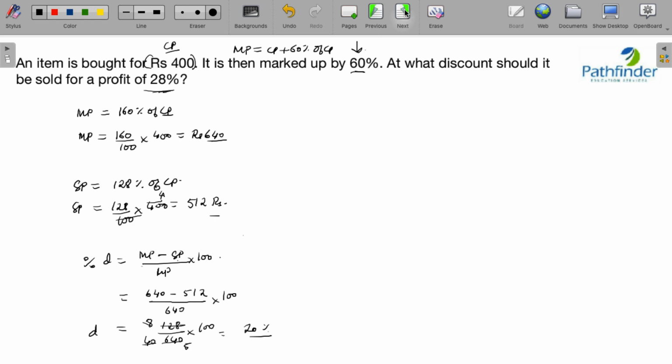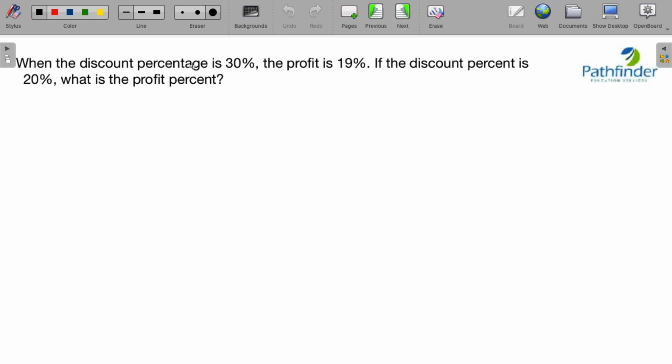Let us have a look at the next question. When the discount percentage is 30%, the profit is 19%. If the discount percentage is 20%, what is the profit percent? Again, all values are given in terms of percentage. So let us start by assuming values.